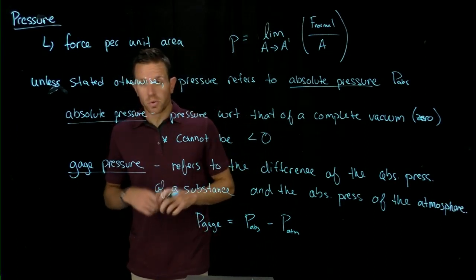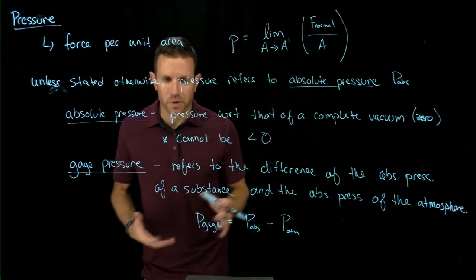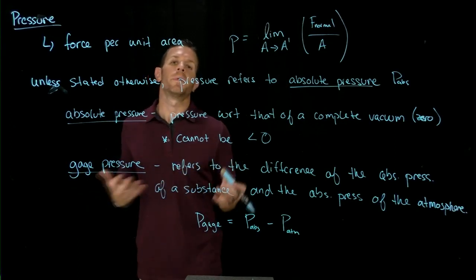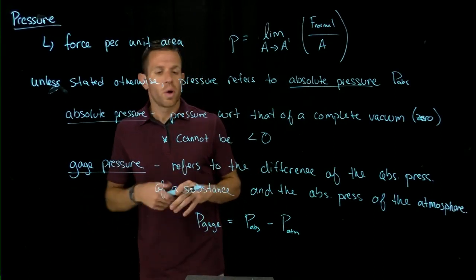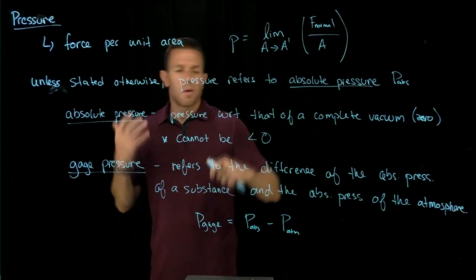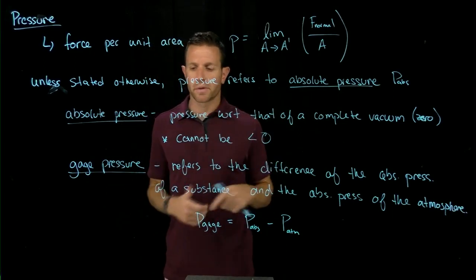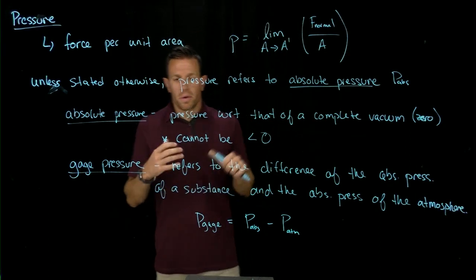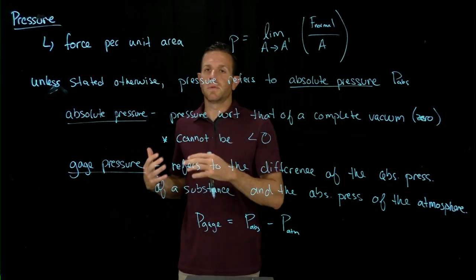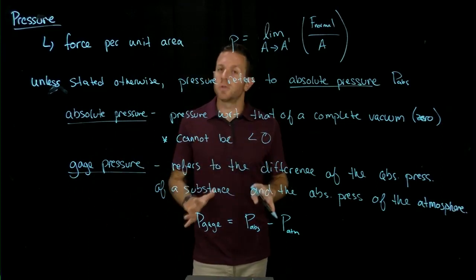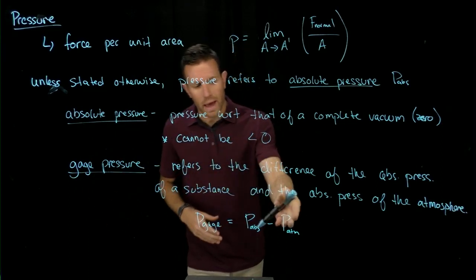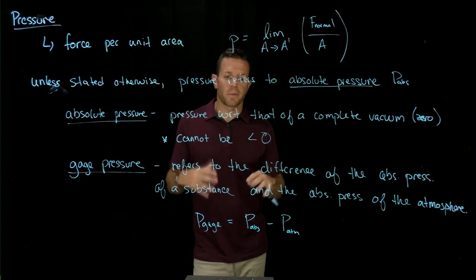To provide you an example of gauge pressure, we measure the pressure in automobile tires or bicycle tires as a gauge pressure. Say you fill your tires up to 30 psi, 30 pounds per square inch. 30 psi with respect to a complete vacuum would be far too low. The atmospheric pressure is about 15 psi.